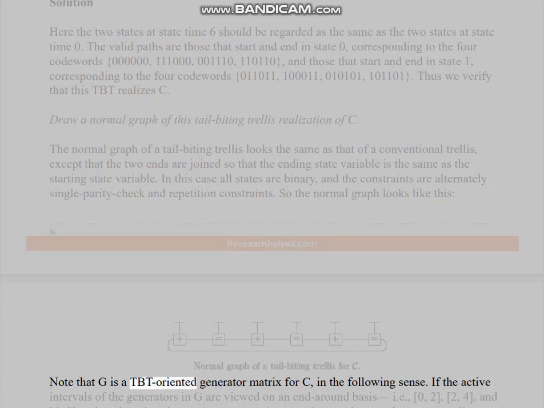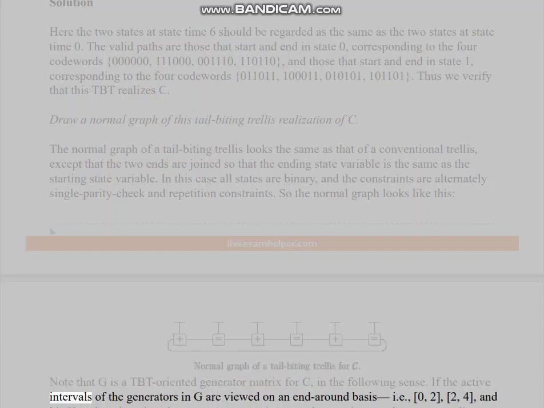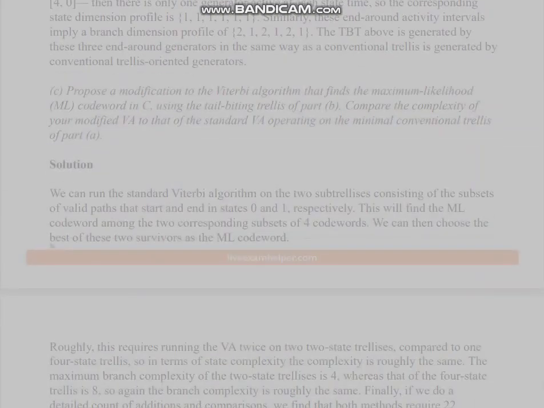Note that G is a TBT-oriented generator matrix for C, in the following sense. If the active intervals of the generators in G are viewed on an end-around basis, i.e., 0 to 2, 2 to 4, and 4 to 0, then there is only one generator active at each state time, so the corresponding state dimension profile is 1, 1, 1, 1, 1, 1.